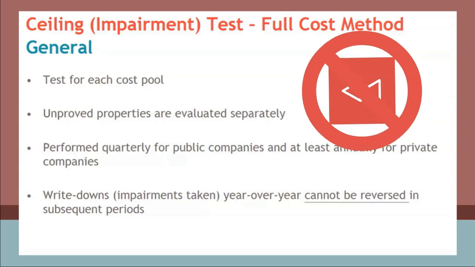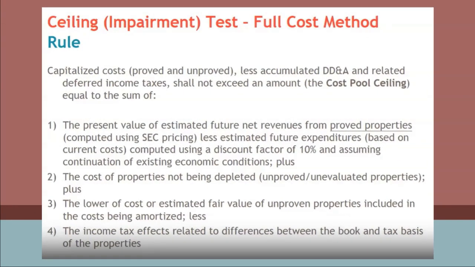Here's the rule, i.e. calculation. You take your capitalized costs of both proved and unproved. That's kind of confusing, but go with me. You subtract out your accumulated DD&A and then related deferred income taxes. Pro tip, never really happens, so we're going to move on from that. Shall not exceed an amount equal to the sum of these four things.